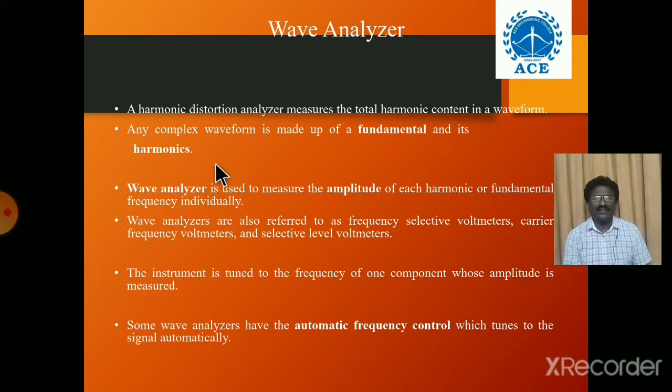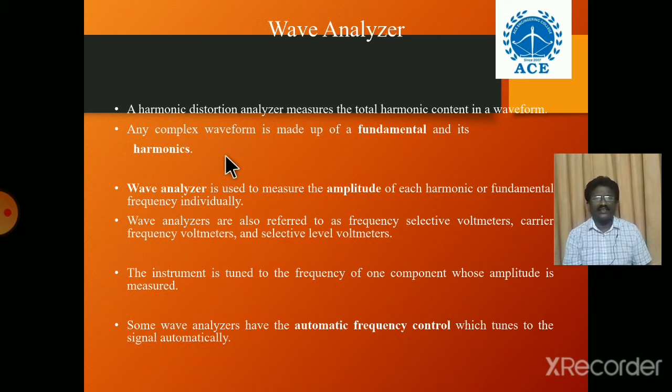Any wave is the combination of some harmonics that have some amplitude and frequency also. So wave analyzer is used to measure the amplitude of each harmonic or fundamental frequency individually.